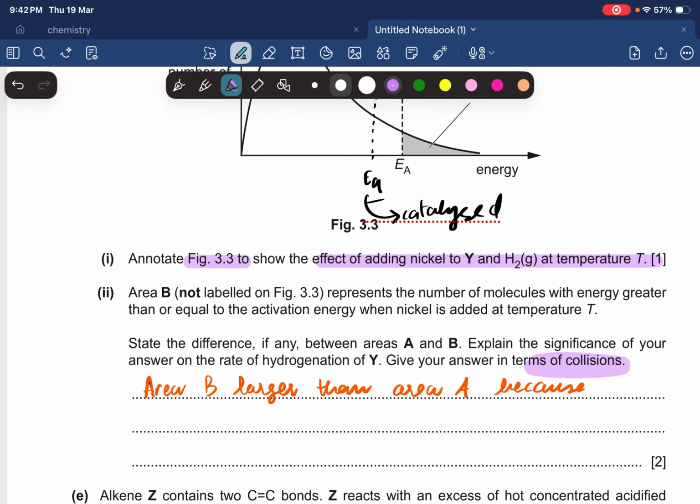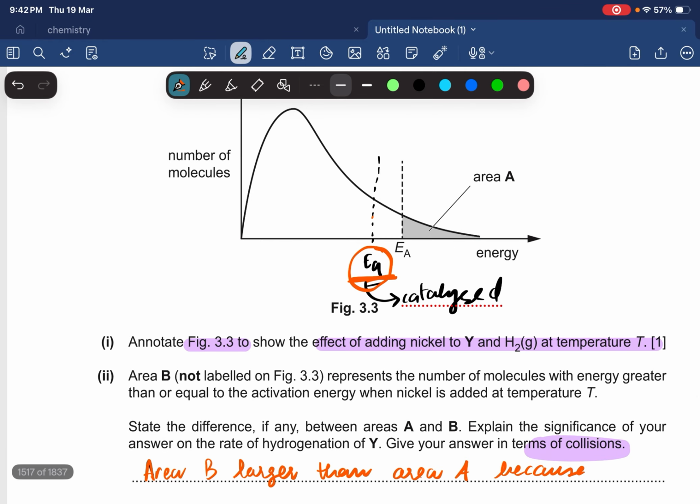This is very important. We have to say that this is because there are going to be more effective collisions in area B. Why are there going to be more effective collisions? Because the rate is going to increase, because now more particles have energy greater than the activation energy. Now these many particles have been added to the area.